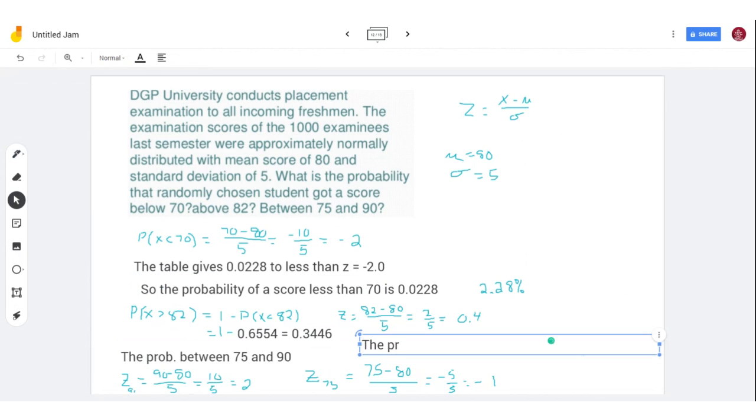The probability between these, and the other one was -1.